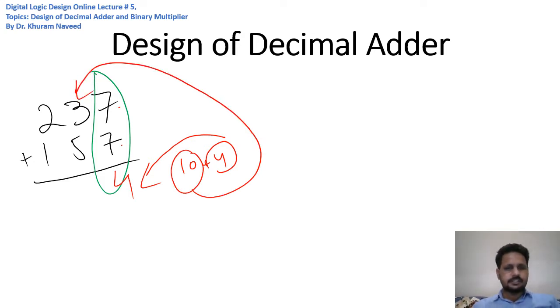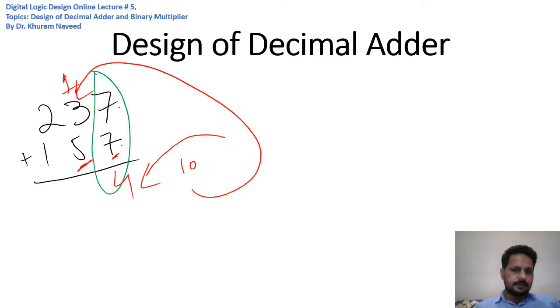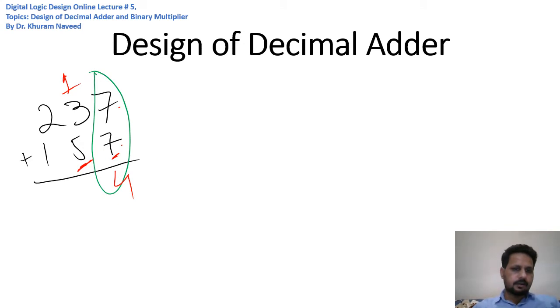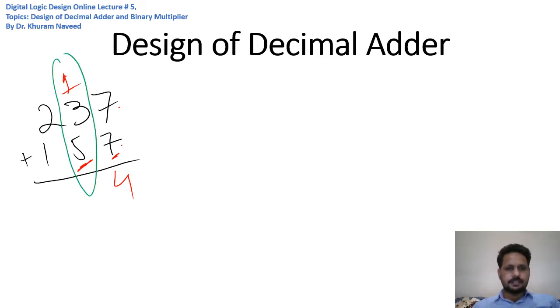to the tens place. And since the digits at this place have 10 times the weight of the digits in this location, this 10 will become 1 when it goes to this location. So now we will perform addition of the digits at the tens place, and here the answer is 9, right?